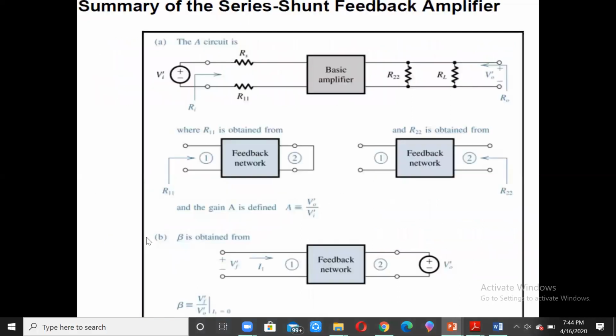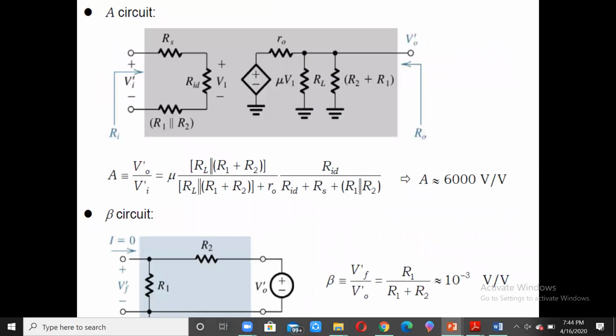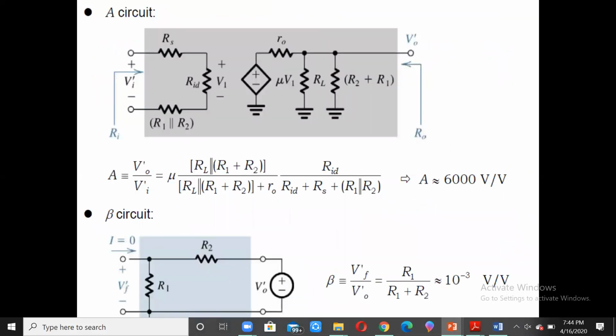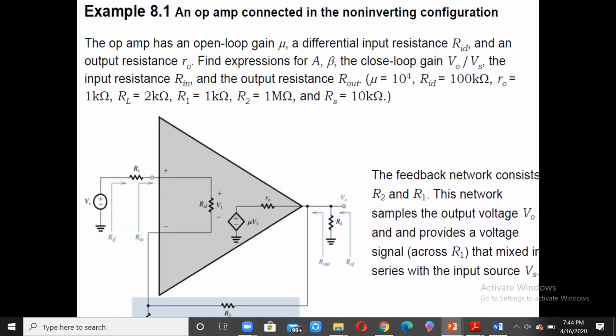So we will have the equivalent circuit on the input side as Vi dash, RS, and R1 in parallel with R2. At the output side, we need to consider that this and this resistance are going to come in series with each other, R2 and R1, and that will come in parallel with R2.